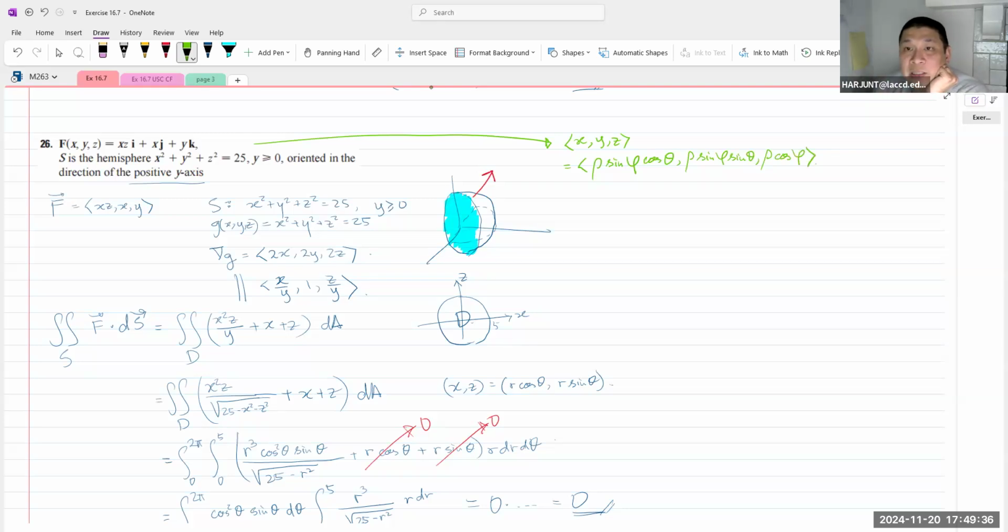Now in this case, rho is 5, right? The rho equals 5, and theta will be from 0 to pi, right? And then phi also from 0 to pi.